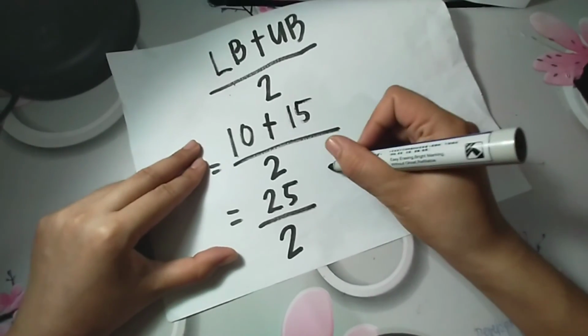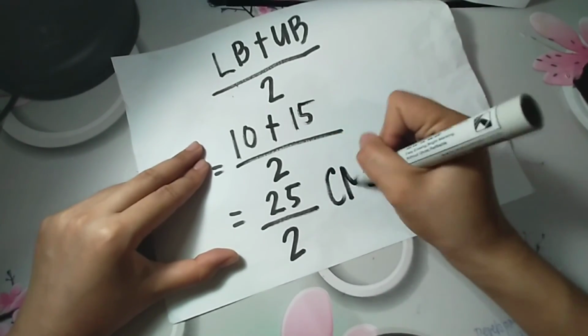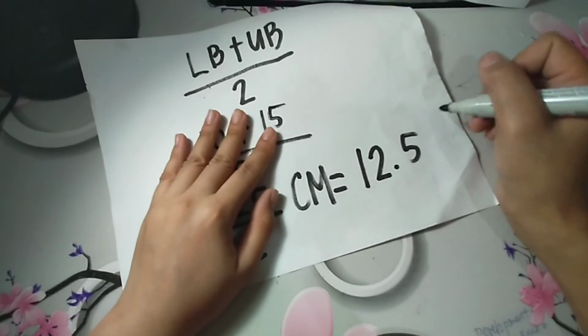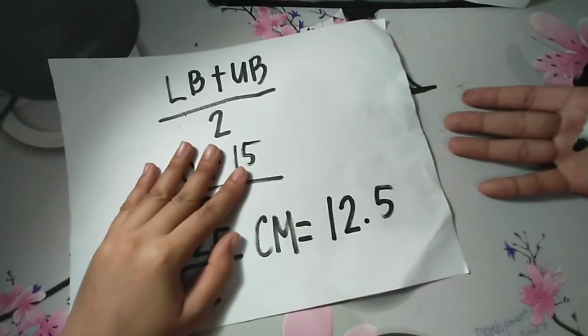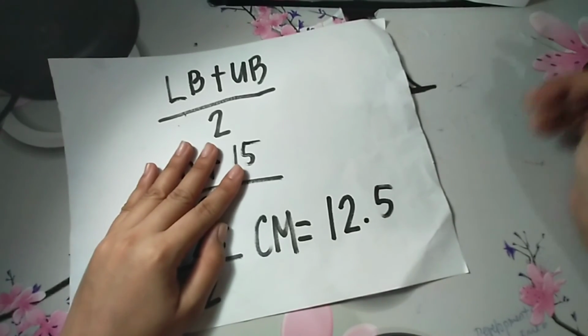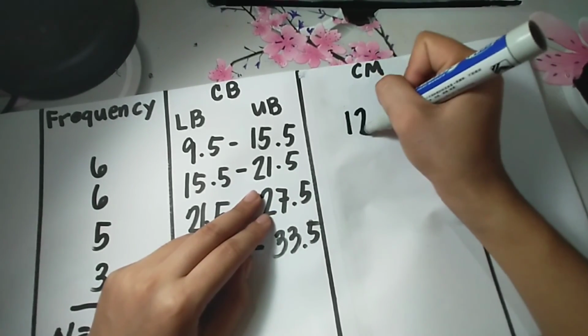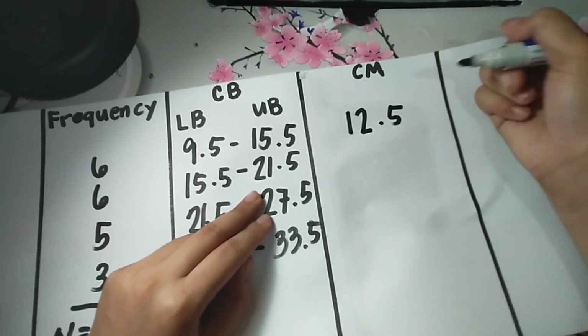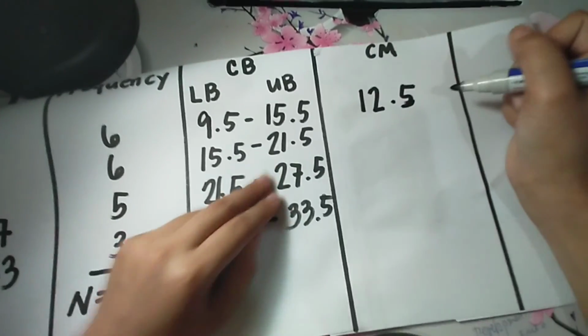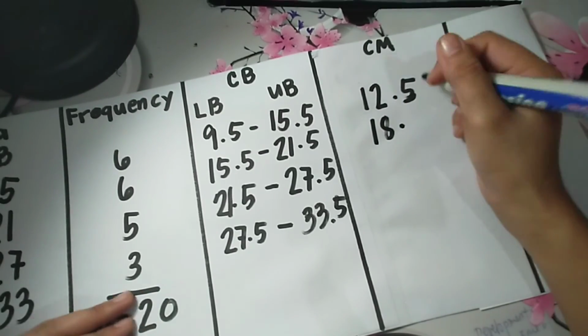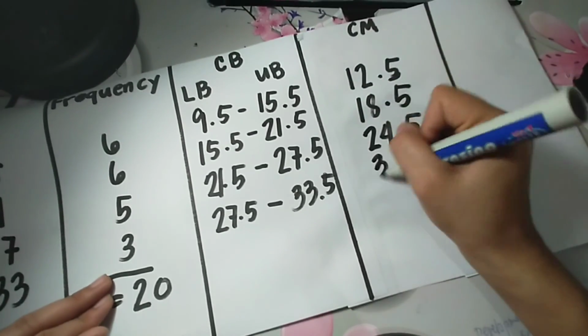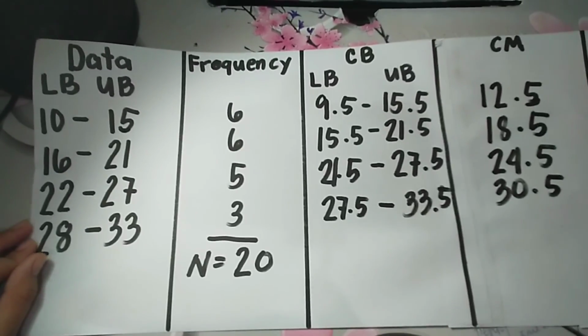So this will be our CM, the class mark: 12.5. So we should repeat what we did earlier. That is how we get the class mark.